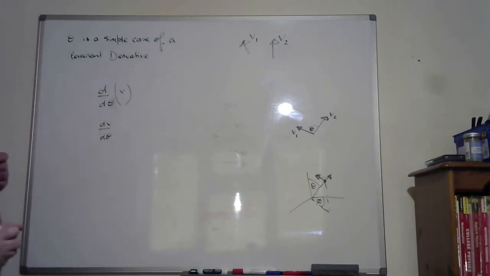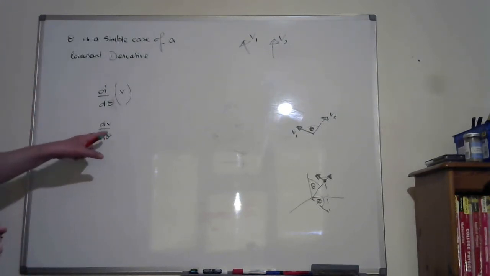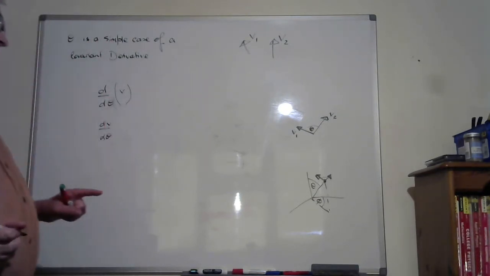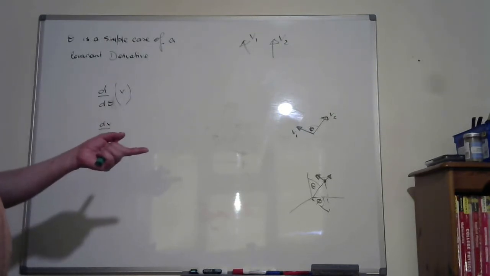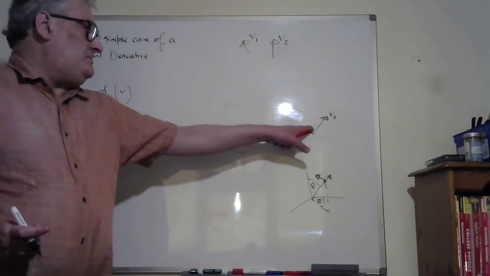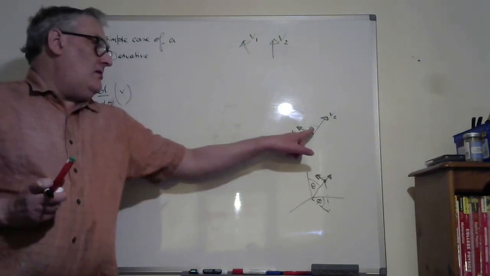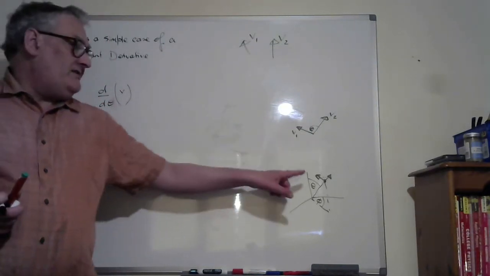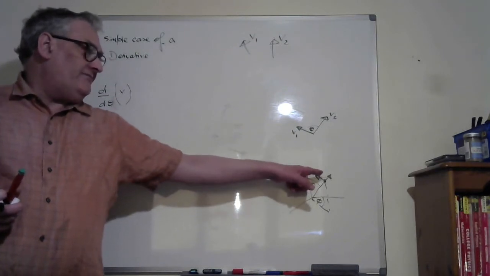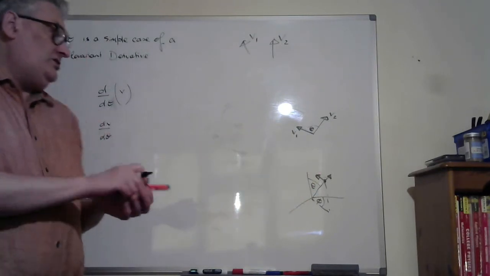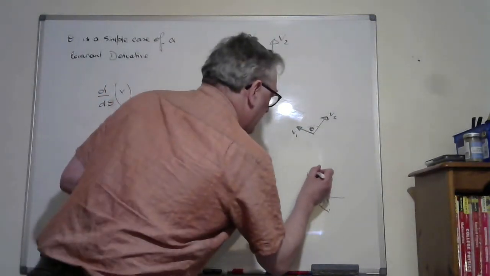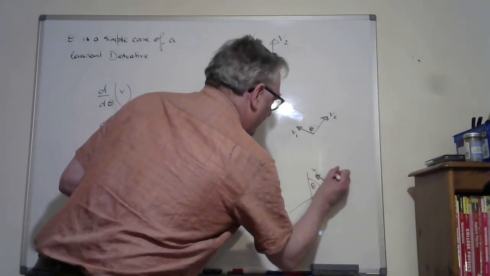theta. Now, I gave you a hint earlier on that it might not just be one variable that we're considering. There might be a theta and a phi involved, governing the motion of v1 and v2.